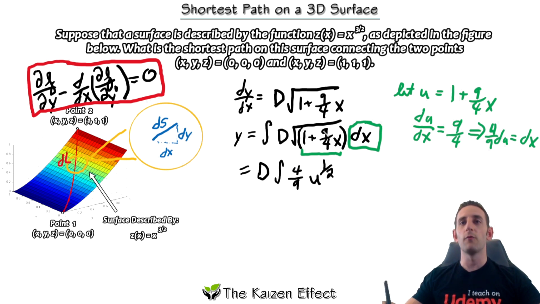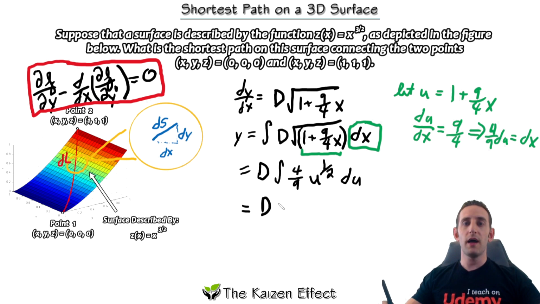Well, where did that come from? Well, we look at this. That's just the green stuff right in here times the square root of that. And then we get du because we took dx is equal to 4 over 9 du. And now we can solve it. This is an easy integral that we can solve with minimal effort. So what we end up with is we're going to get this d term there.